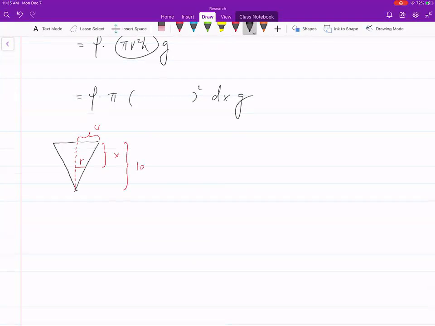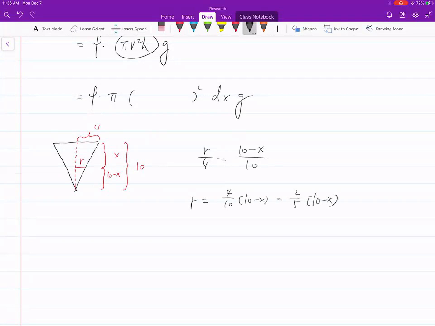Can you see, by similar triangles, you can easily set up this and get your r to be... by a similar triangle.